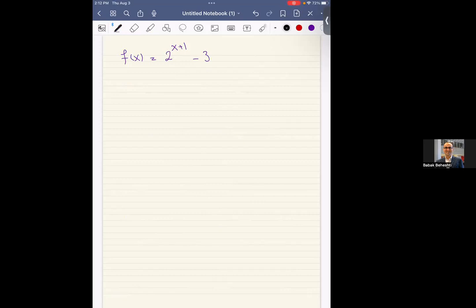If you want to draw the graph, you remember the transformation in grade 11? So you begin with 2 to the power x, and then you have a horizontal translation from 2 to the power x to 2 to the power x plus 1. Let me tell you in steps. First you have 2 to the power x, the parent.